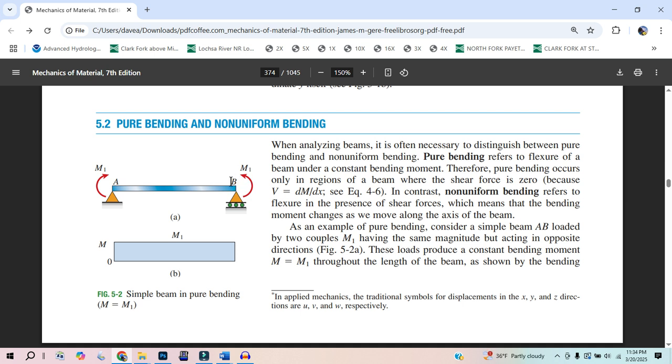I'm trying to simulate pure bending as close as possible, but there still is going to be a distance between here, and I'm going to develop a shear force. But the cool thing about that scenario is that there won't be any shear force from the edge of this finger all the way through the beam to the edge of that finger. So that is simulating a moment, kind of pure bending.